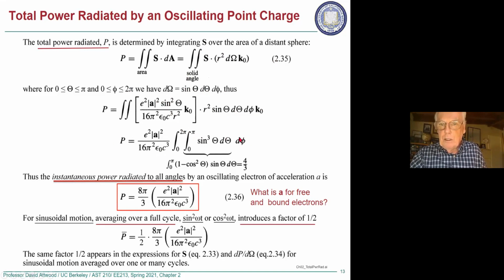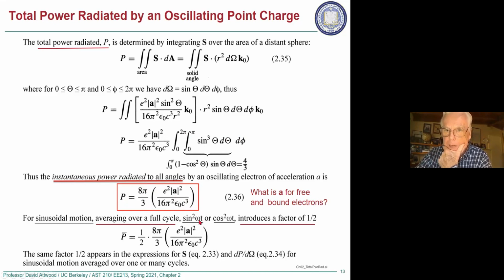And when you do these integrations, this is what you find for the total power radiated. This factor 8 pi over 3 appears, we're going to see in a moment, and these factors here for the acceleration. So we'll have to calculate the acceleration of our point electron, okay? Free electron, bound electron, etc. But this is the formula that we're going to use.